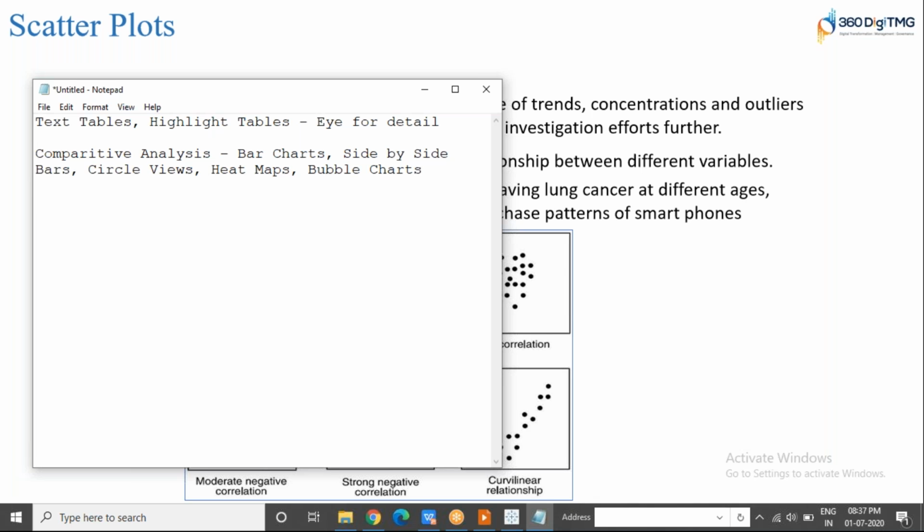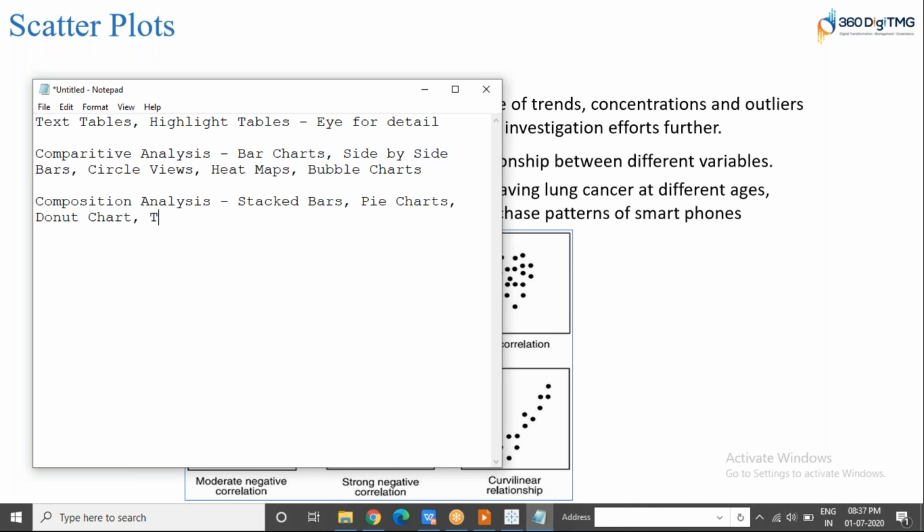And then there is composition analysis, under which we get charts like stacked bars and pie charts. There's also the donut chart, which we will learn later.